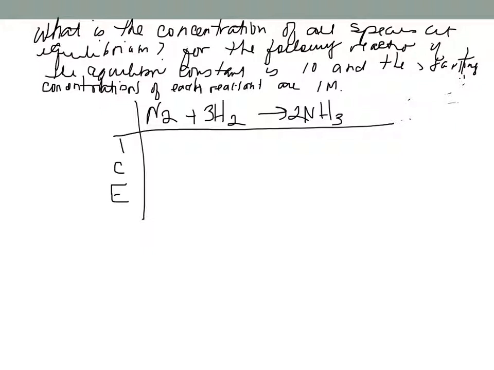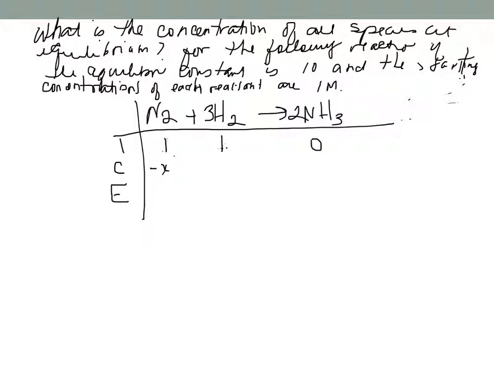So our initial concentrations for each of the reactants are 1 molar. Or we can just put 1, since these are activities anyway, so we're not worried about putting units in there right now. Initially we have no product formed, so the initial concentration of the product is 0. During the process, we expect a change on the product side and a decrease in the concentration of the reactants.